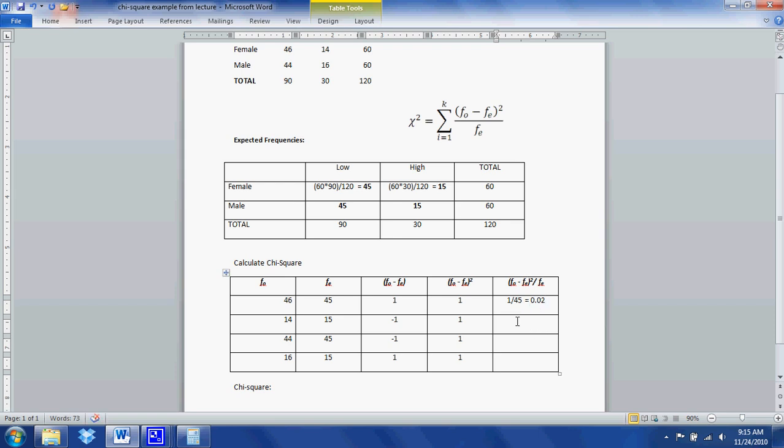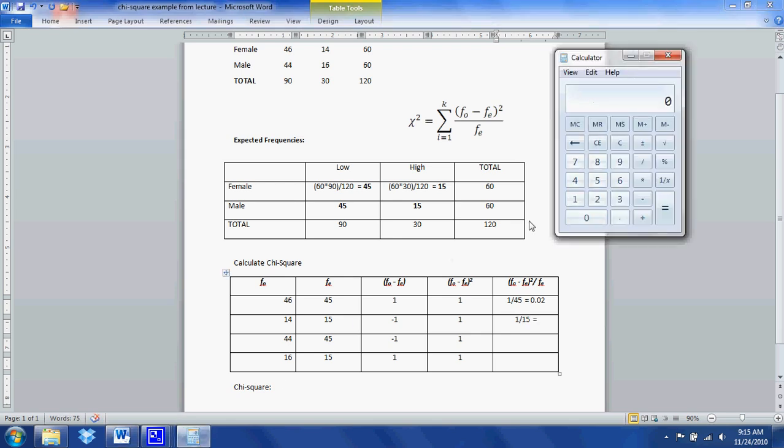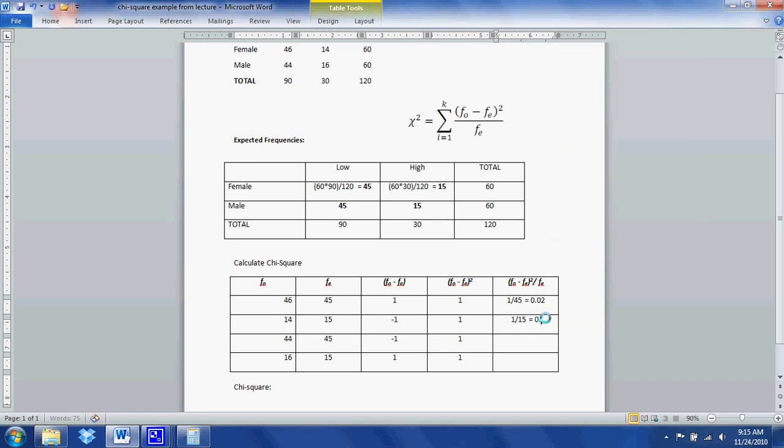Now 1 divided by 15 is equal to 0.07. We pretty much know what the other ones are since everything's the same. You guys see where I'm going with this? Since all the expected frequencies were pretty even. 15, and there we go.